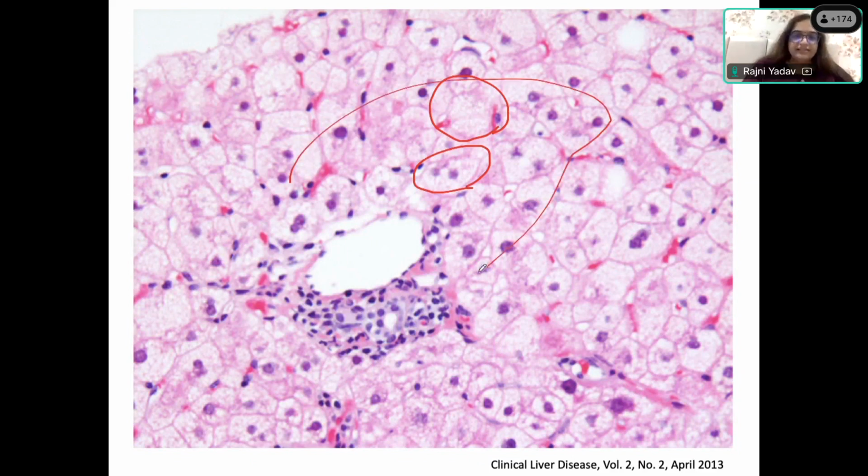Now this pattern is either seen in this alcoholic injury, which is actually very bad, and it indicates mitochondrial dysfunction. Then this may be seen with toxin injury, like drug-induced toxicity, valproate, doxycycline, and also with Reye syndrome. So alcoholic liver disease can have different kinds of morphological patterns in different patients.